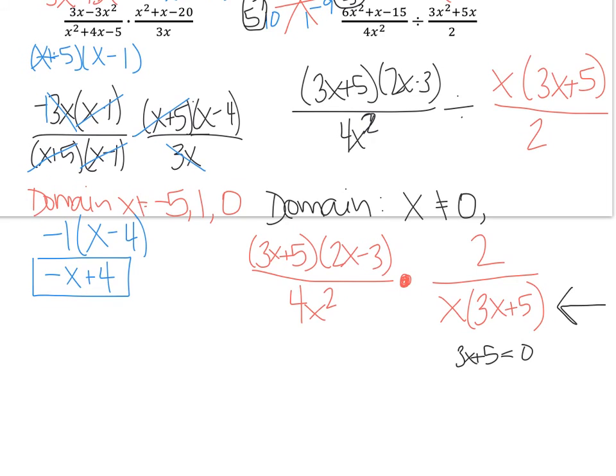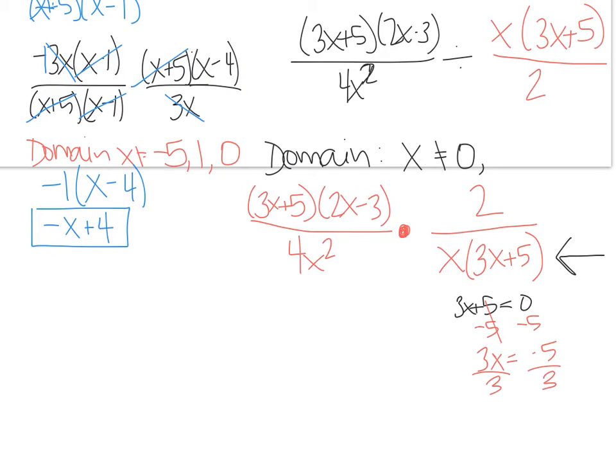By solving for x, that will tell me what x value will give me an answer of 0. So it's 3x equals negative 5. If I divide by 3, I'm left with x equals negative 5/3. So my domain values is x could not be 0 and x cannot be negative 5/3.